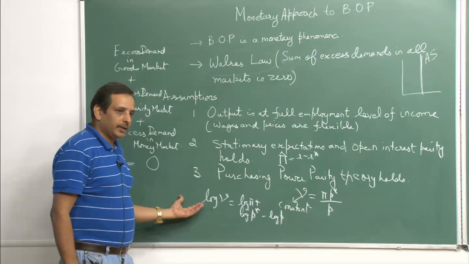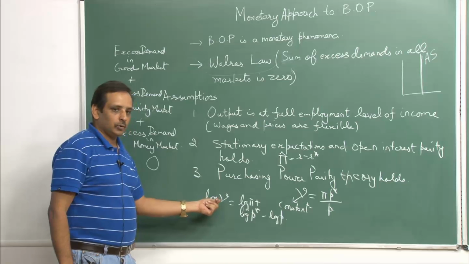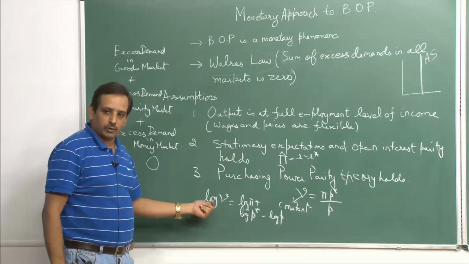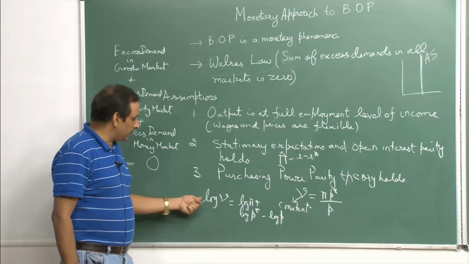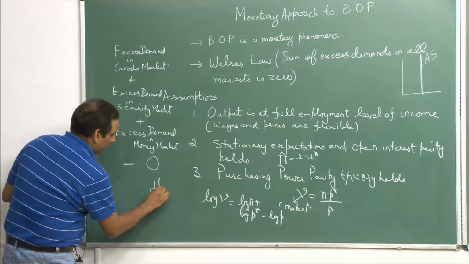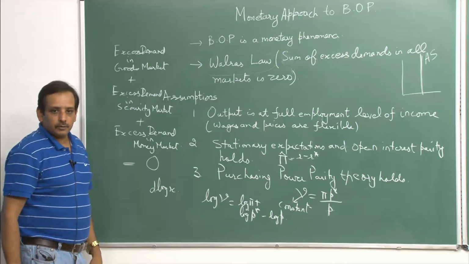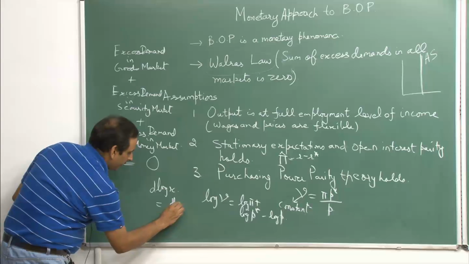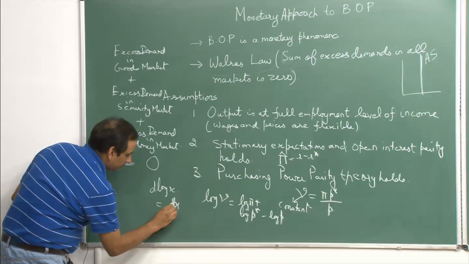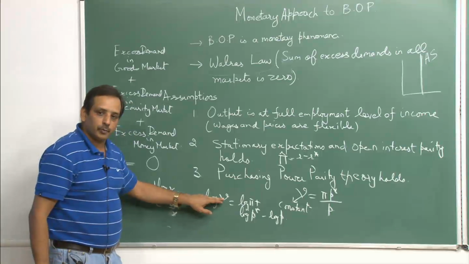So, if you take the differential, that is d log nu. Remember, d of log x is dx by x, and because we assume nu to be a constant.